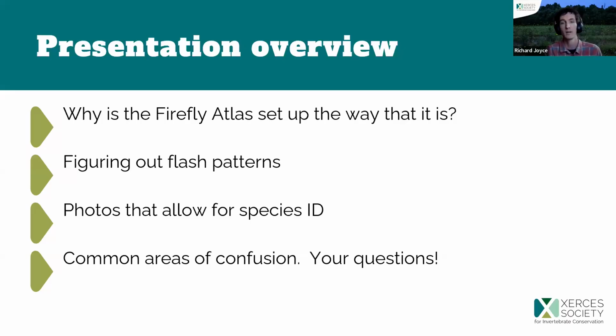So what is a flash pattern, and how do you document flash pattern details in a way that helps you reach a species identification? Next, we'll talk about photographing fireflies when your goal is species ID. And then finally, we'll go over a few common areas of confusion and mistakes, and then transition to answering your questions. I'm going to try and keep jargon to a minimum in this webinar, but there'll be a few terms that are pretty important to understand.